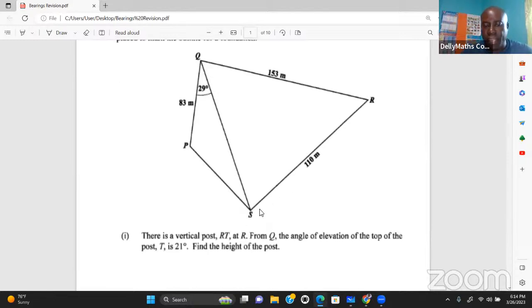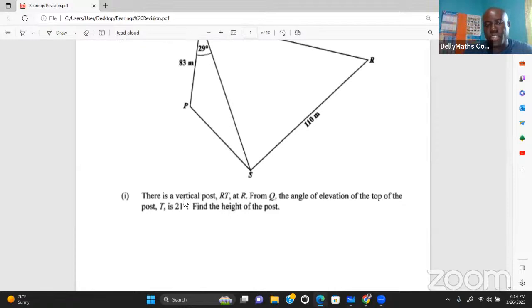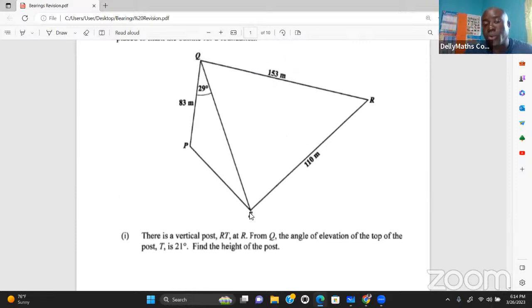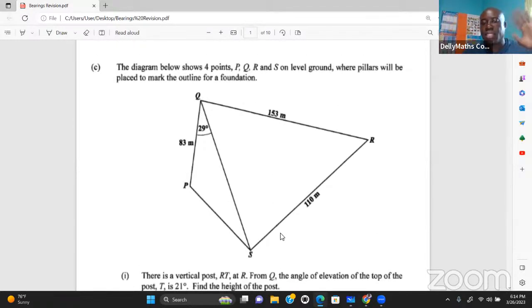Now, we're reading information. We're told there is a vertical post RT at R. So wherever you have R, you're going to erect that RT.